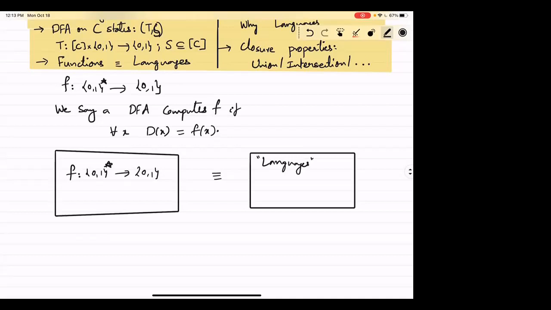The terminology of languages comes from logic and linguistics, but in computer science, for me at least, functions seem more natural: I have some specification that I have to match. And a language really is just a collection of strings. Any questions about this setup?